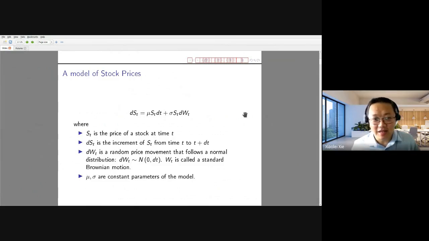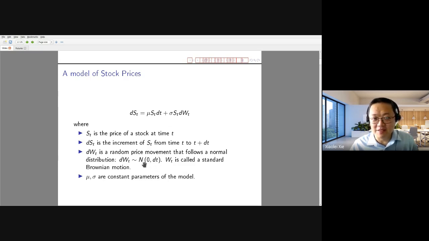Right. So we're saying that this dW_t here is probably the thing that makes it different from a normal non-stochastic differential equation. So dW_t here means a random price movement, and W_t is called a standard Brownian motion. So that means the increment in the Brownian motion itself has a normal distribution.